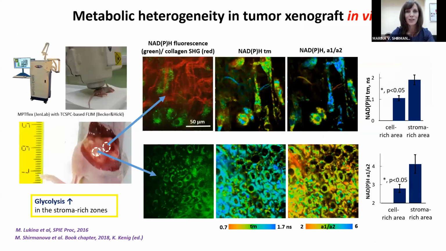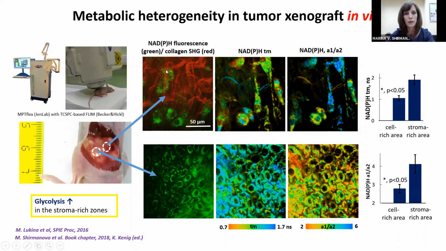I should also say something about metabolic heterogeneity. Previously, in the studies of animal tumor models, we found that the cancer cells located in different zones of the tumors may have different metabolic states, may have different FLIM parameters of NADH fluorescence.